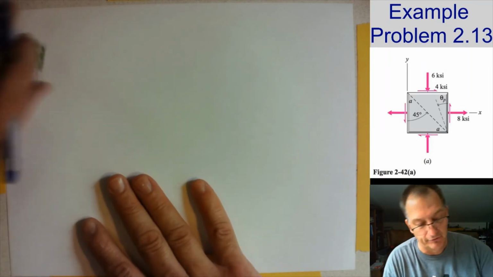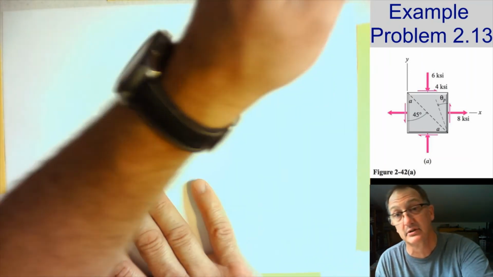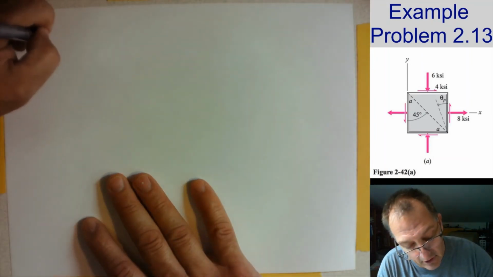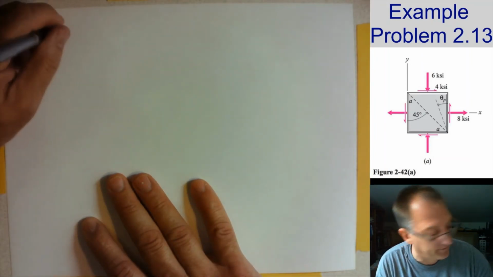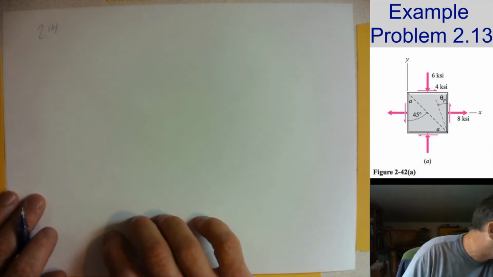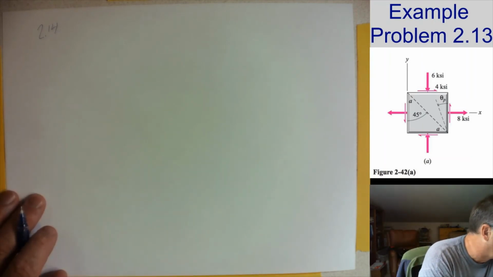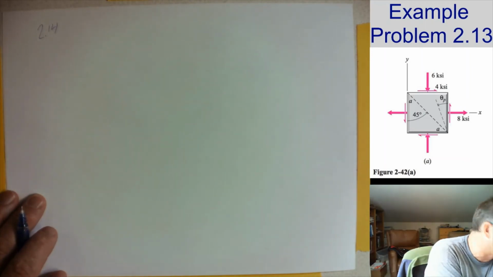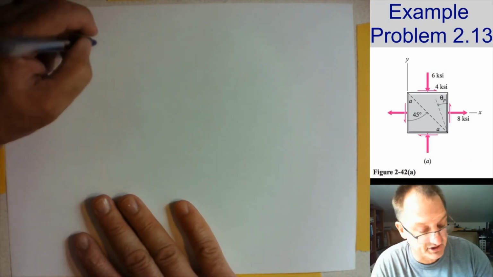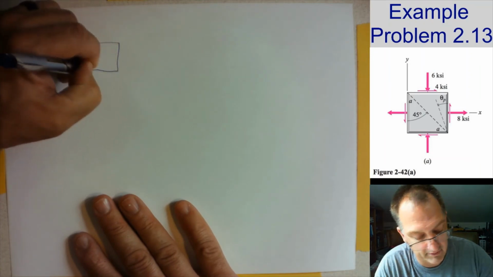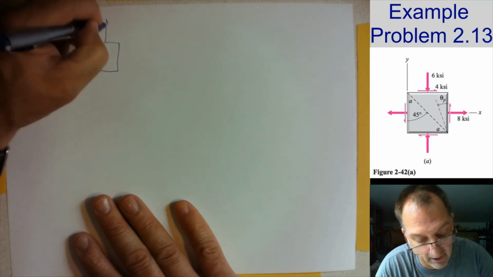Let's do problem 214, not 213, so ignore that stuff in the upper page. 214: at a point in a structure subjected to plane stress, subjected to horizontal and vertical stresses, they give me this picture, and I'm going to redraw it.